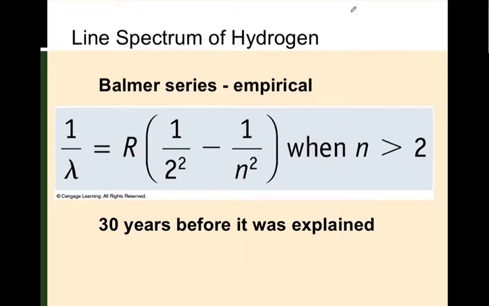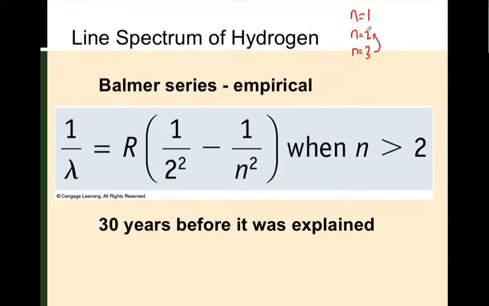Remember, n equals 1 is the orbit closest to the nucleus. n equals 2 is the next orbit further out, but closer than n equals 3. This Balmer series, which was observed very early on, is a relaxation back to the n equals 2 level.